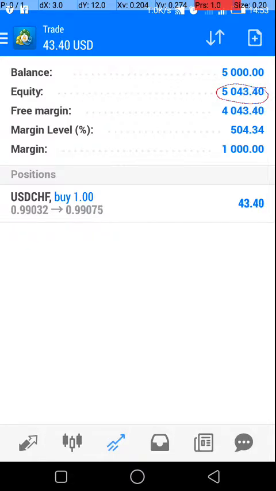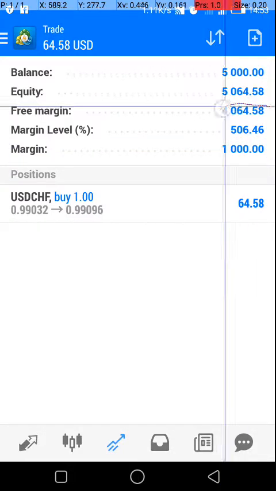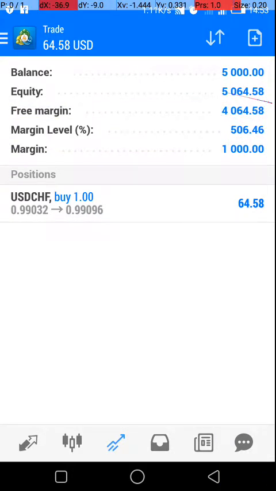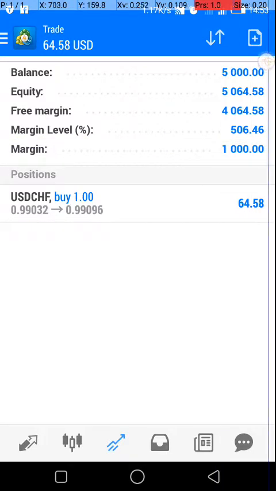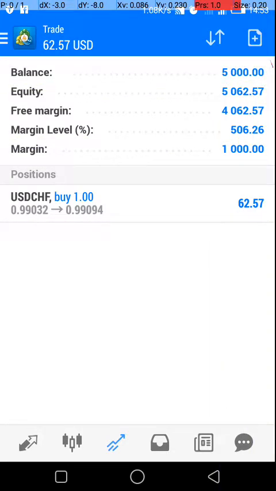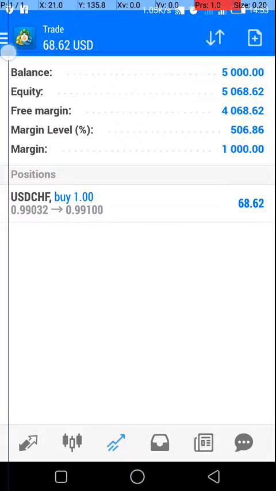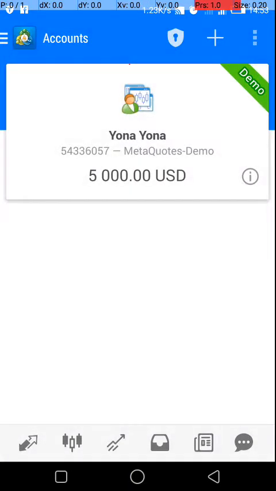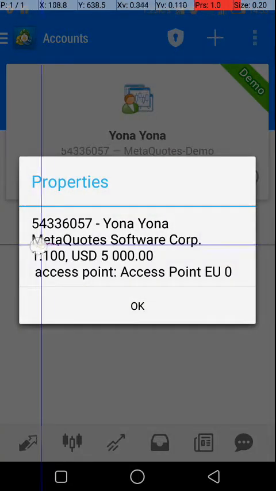And we have free margin. Free margin comes from margin. So if you take free margin plus margin, you get balance. So how do they relate? Do you remember what your leverage was? This is our leverage, this one, ratio 100.